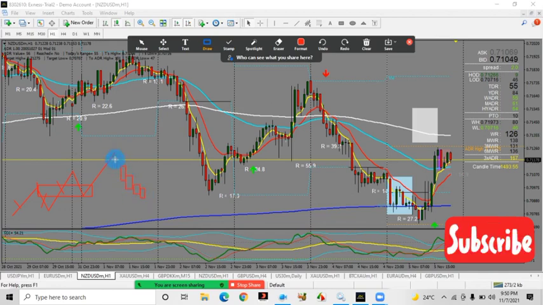This is a normal scenario. But when we come to imbalance, it is basically three candles. You can have it like this. So instead of overlapping like this, you now have it like this.